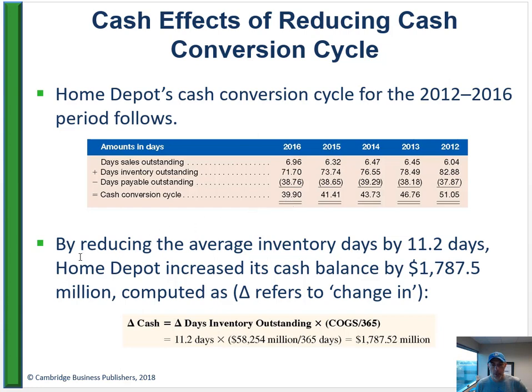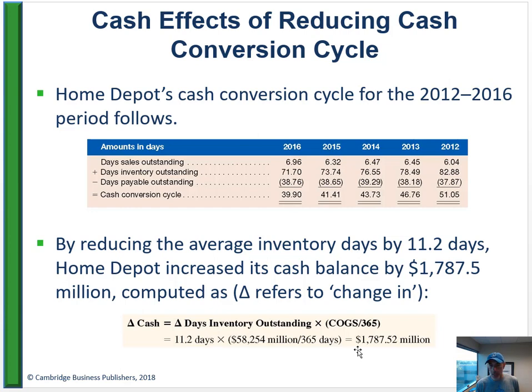Let's look at the magnitude of that. So that reduction of 11 days has allowed Home Depot to increase its cash balance by 1.7 billion, or 1,700 million. So 1.7 billion in excess cash that we've been able to wring out of the balance sheet through efficiencies.